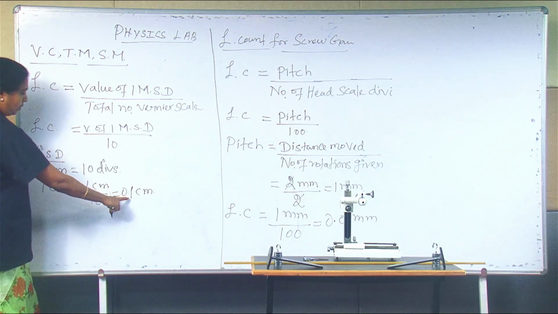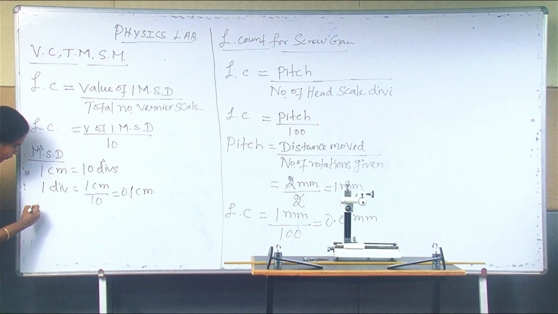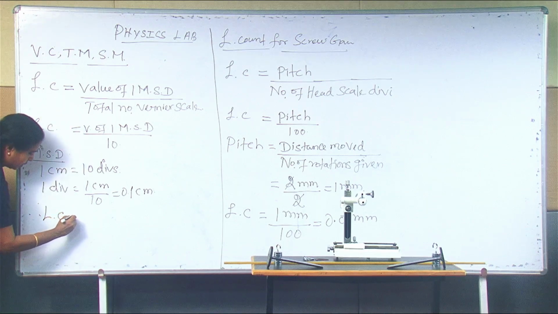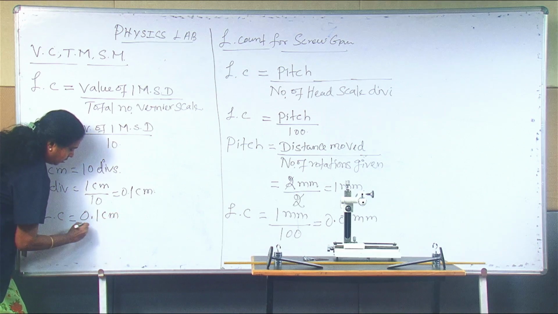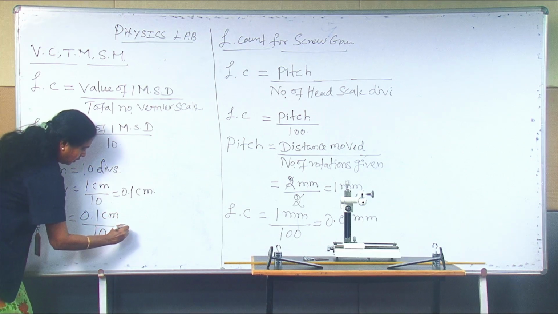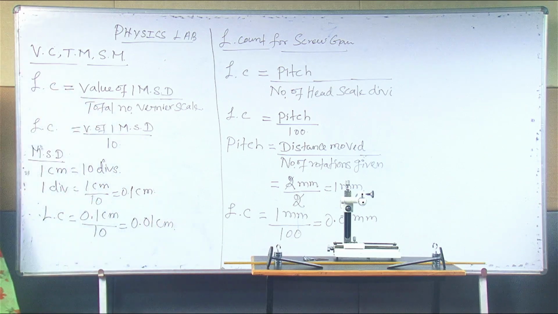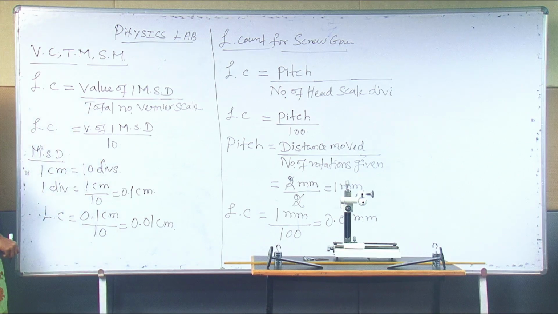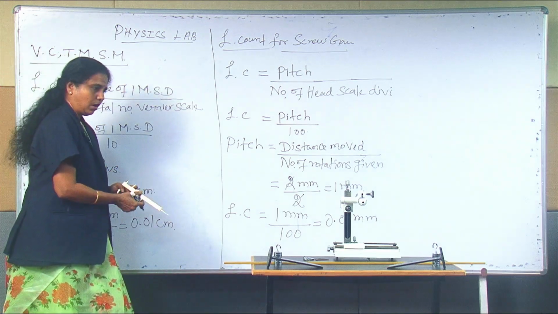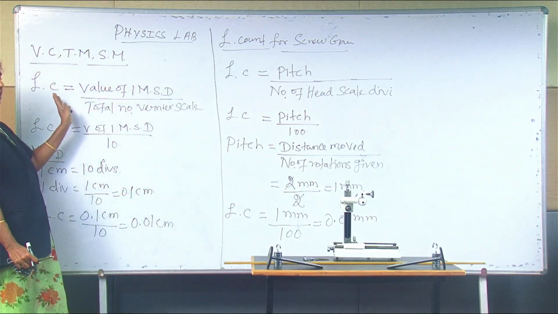So the value of one main scale division is 0.1 centimeter, and substitute in the formula. Therefore, the least count is equal to 0.1 centimeter divided by 10, which is 0.01 centimeter. So this is the least count value for the vernier caliper. And you have to apply the same formula for the spectrometer as well as the travelling microscope.